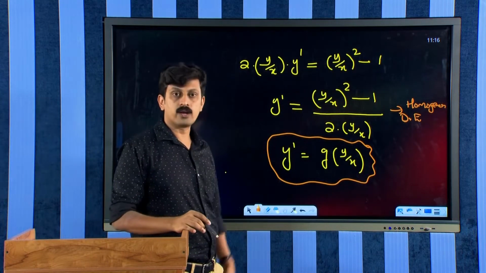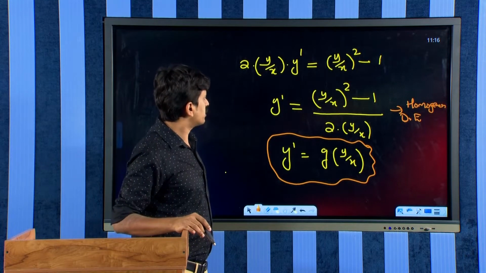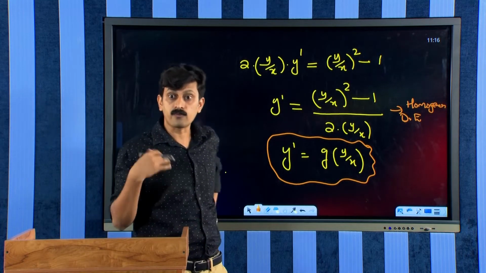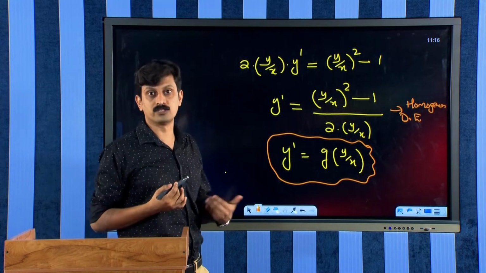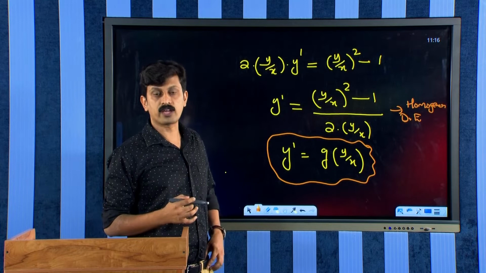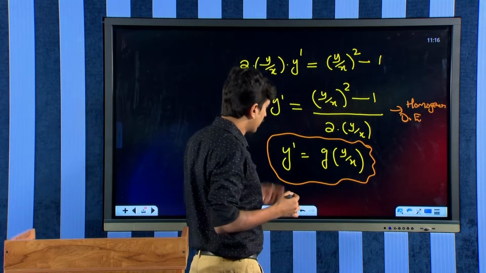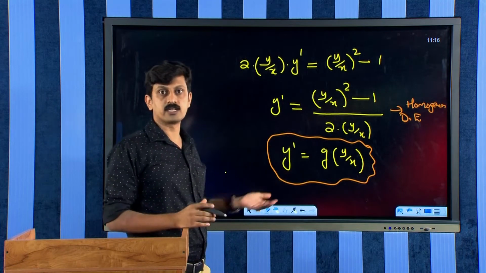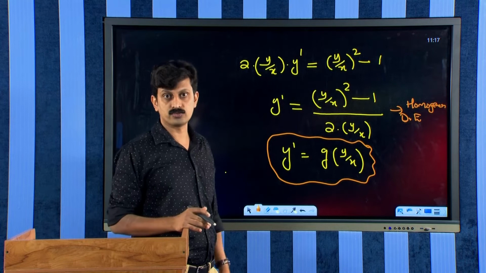Now we found this is a homogeneous differential equation. That is why we are happy that the given differential equation is homogeneous. So, we are able to solve this differential equation by putting y by x is equal to u.